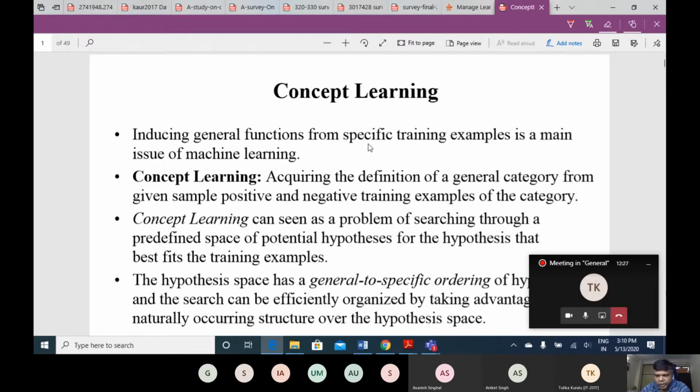So if we have identified only these features which I have just named and their corresponding values, we can list down all the instances for which our concept is true and all the instances for which our concept is false.